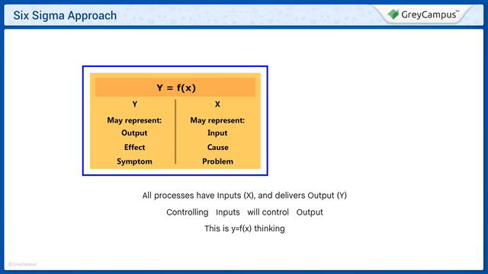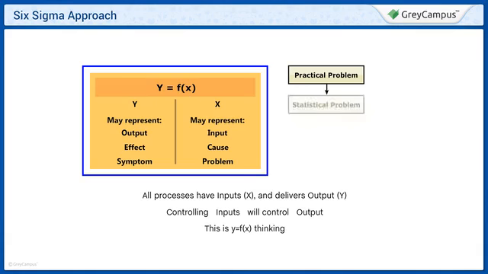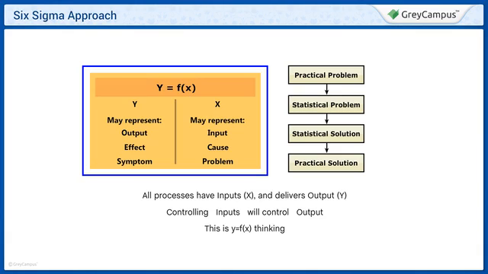The Six Sigma approach begins by identifying the practical problem or the pain area which has been persisting on your production or shop floor. As per the Six Sigma approach, you will need to convert this practical problem into a statistical problem.